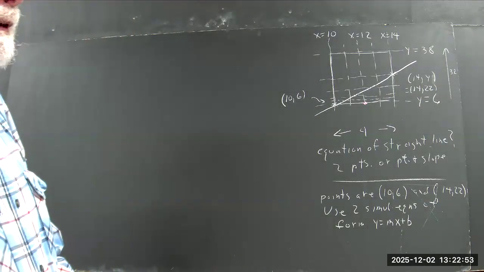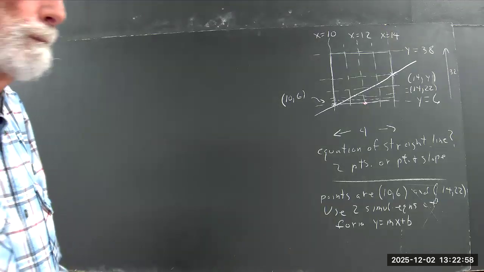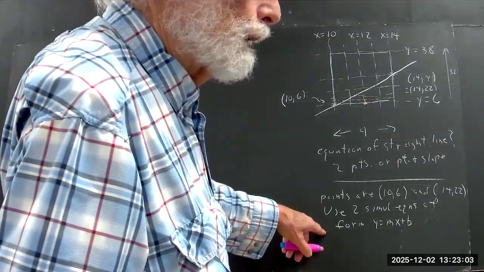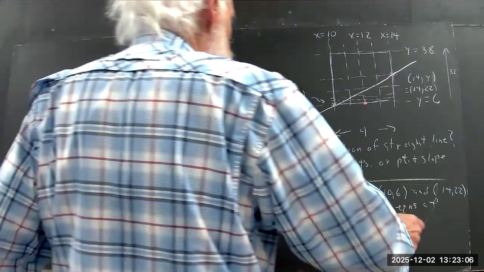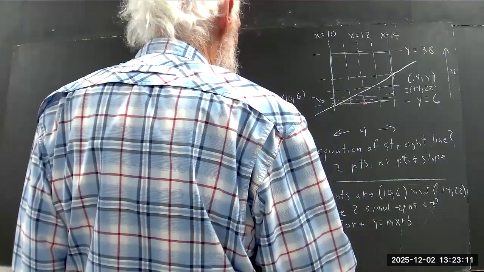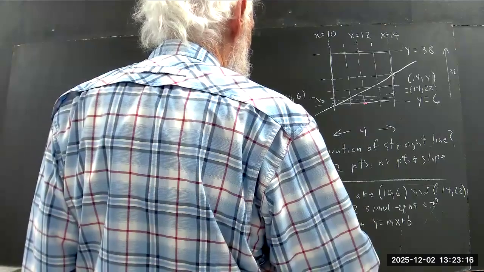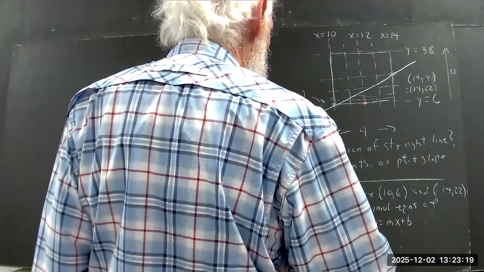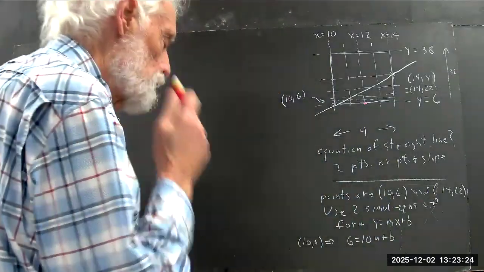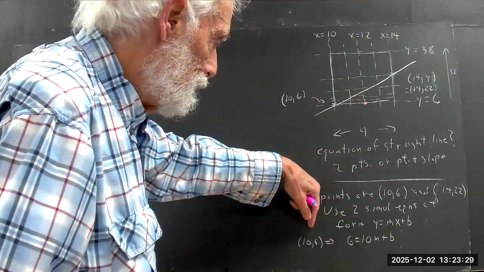Now we could find the slope and use one of the points and the slope to get the equation. We want to do it using simultaneous equations though. The form is y equals mx plus b. So the point 10, 6: y is 6, x is 10.